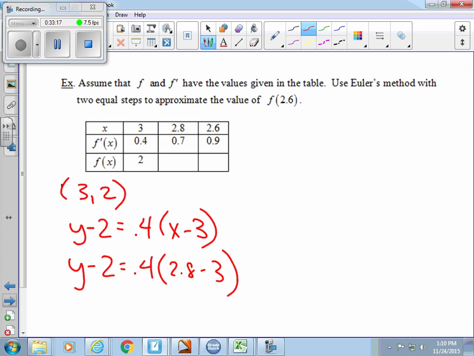Negative 0.2 times 0.4 is negative 0.8 plus 2, 2.8. Let's check that. 2.08. Oh, yeah. You're right. 1.2.